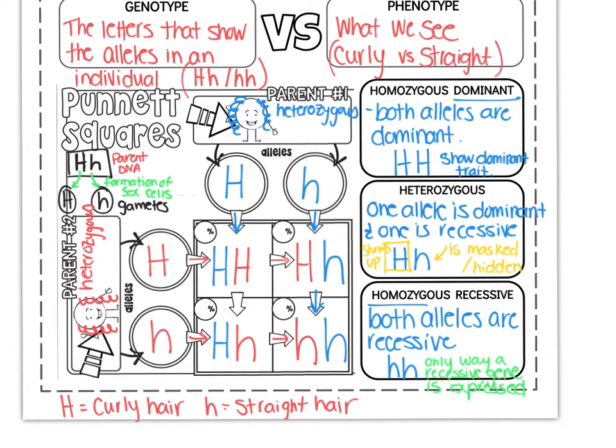Okay, if we were to investigate this, we can see that we get one offspring with big H, another offspring with H, little h, another one with H, little h, and one with just little h, little h. So I get 1 in 4 that are big H. This is a 25% chance.